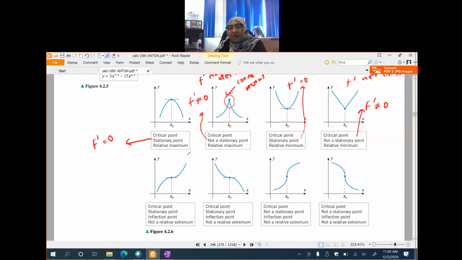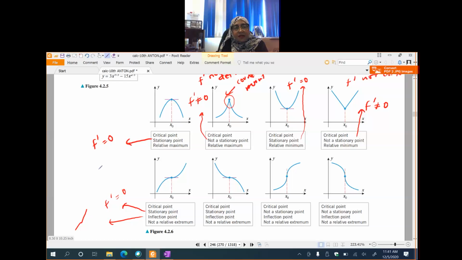So obviously it is not a maximum or minimum point. It's a critical point because f prime is also equal to 0. Over here is a stationary point because of that. F prime equal to 0 is an inflection point because the behavior is increasing and then increasing.